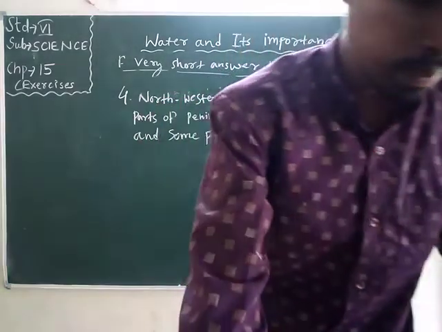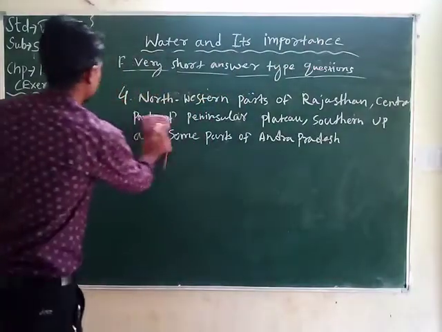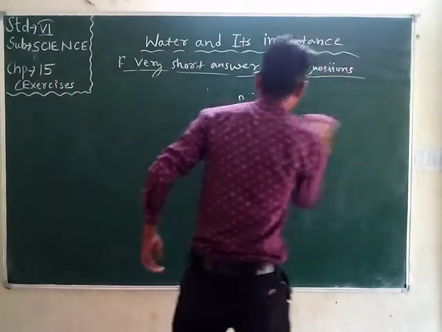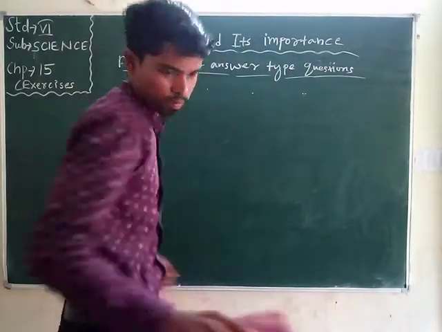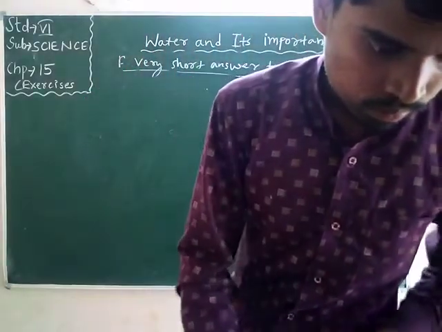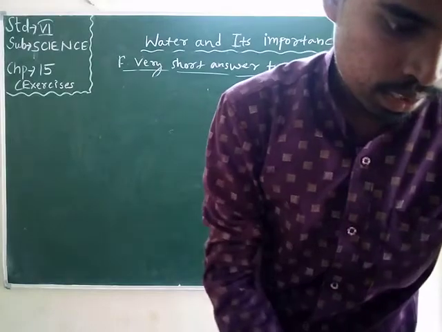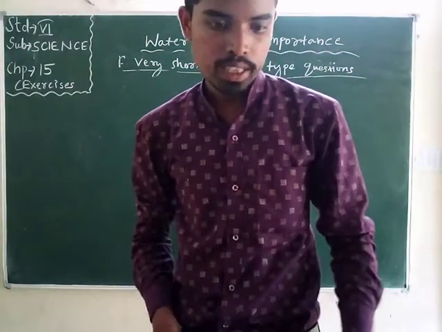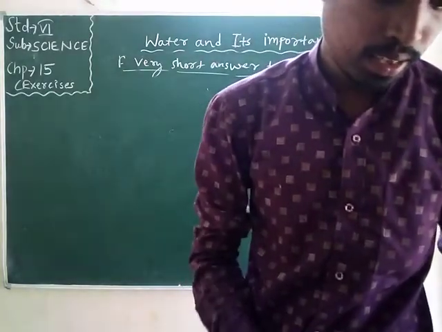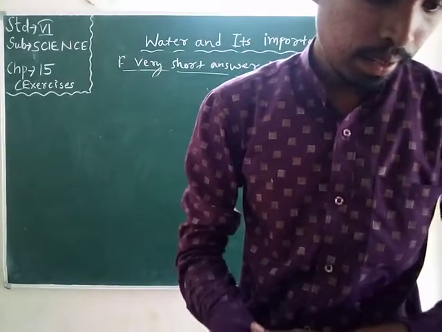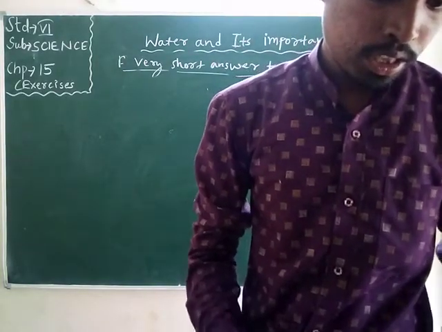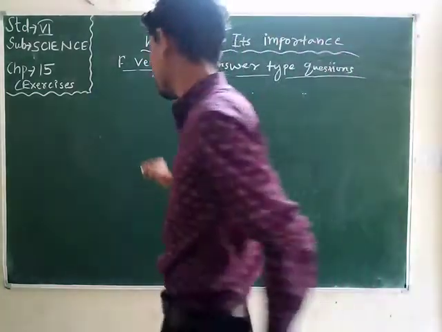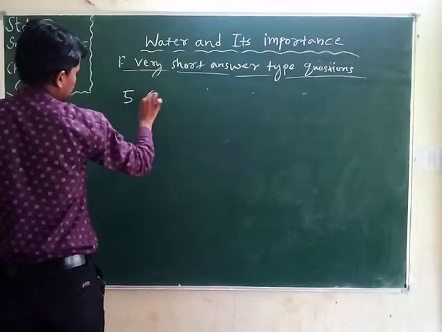Next, number 6. How many liters of water are required to grow 1 kg of maize? Okay, student, about 600 liters of water is required. Okay, number 6, 600.